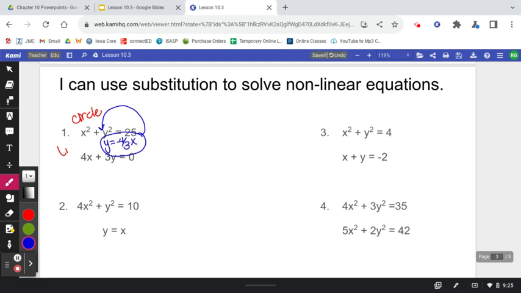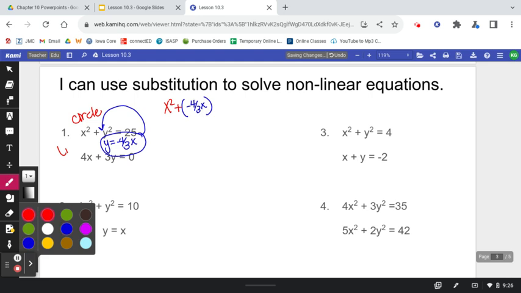All right, so I'm going to have my original circle equation, so x squared plus, and then instead of y, I'm going to have negative 4/3 x squared equal to 25. That would give me x squared plus 16/9 x squared equals 25.